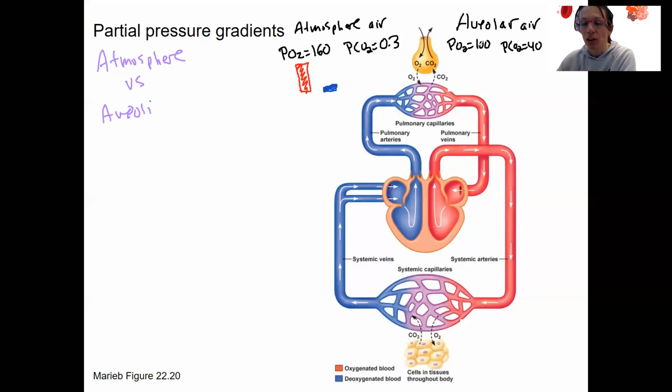We don't quite get all of it, again, because of humidification and mixing of old and new air. We're not going to be breathing in the same composition as we do in the atmosphere. So if we graph this, we would see these slightly lower. This one is lower than before, and our carbon dioxide is closer to half, a little bit less than half of that.